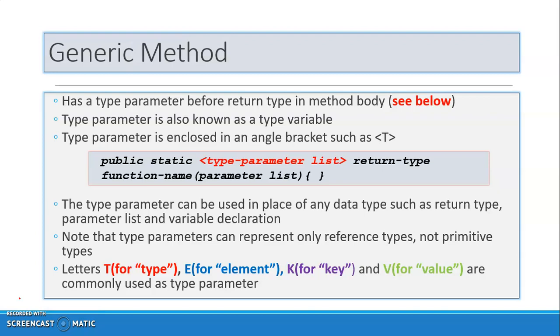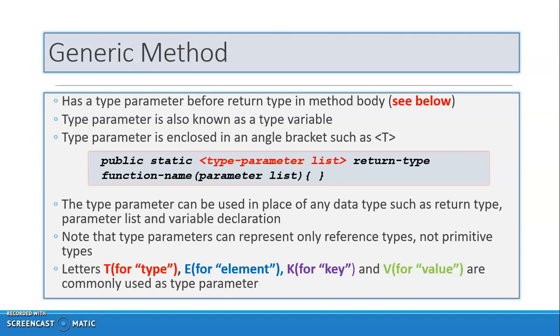We saw that generics ensure type safety, and they streamline the creation of general methods, classes, and interfaces by ensuring that we don't use explicit casting to achieve that general implementation of our code. In this video, we'd like to look at the generic method.